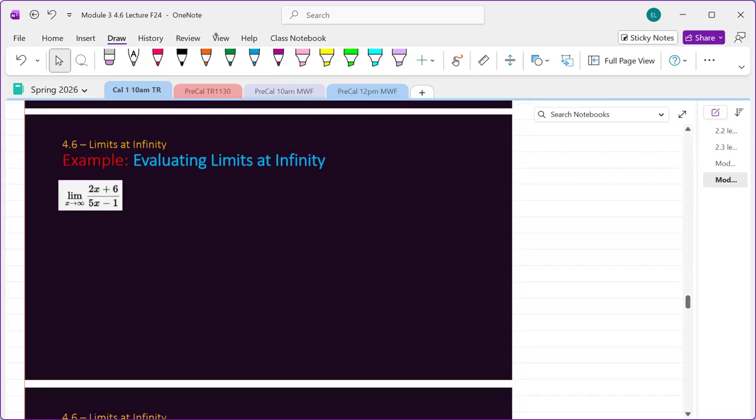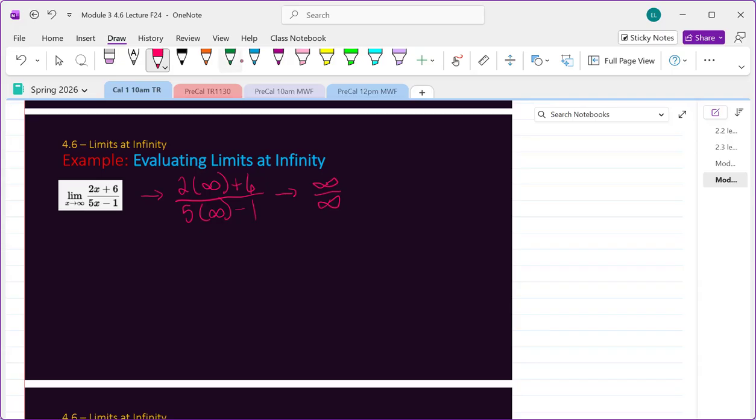All right. This one's going to be a little more interesting. So when I start out and I just try to plug in my infinity, I essentially get this, which is infinity over infinity.